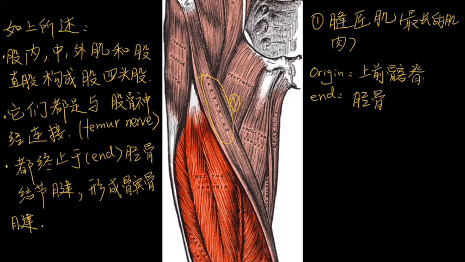They all end in the quadriceps tendon, which connects the patella and the patellar tendon. The femoral nerve and the femoral artery are responsible for the innervation and the blood supply, respectively.